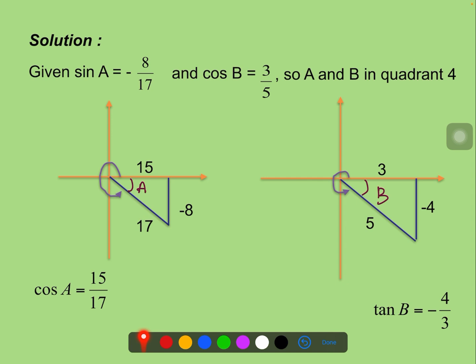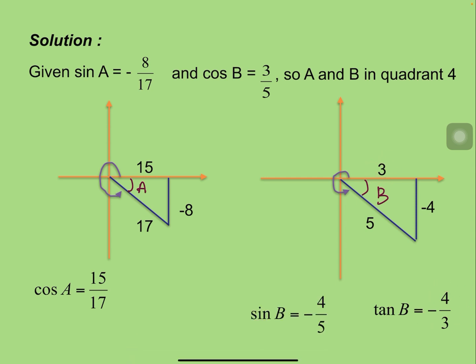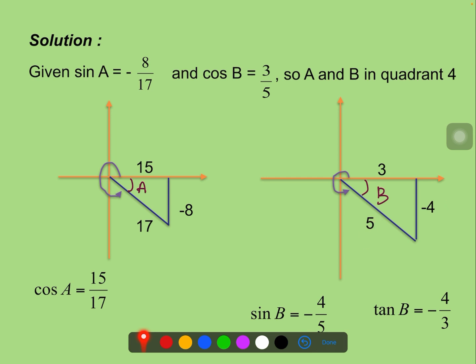Now we refer to angle B. The given info is cos B equals 3 over 5. So therefore, our opposite must be minus 4. So we have tangent B equals minus 4 over 3, and we also can have sine B equals minus 4 over 5.